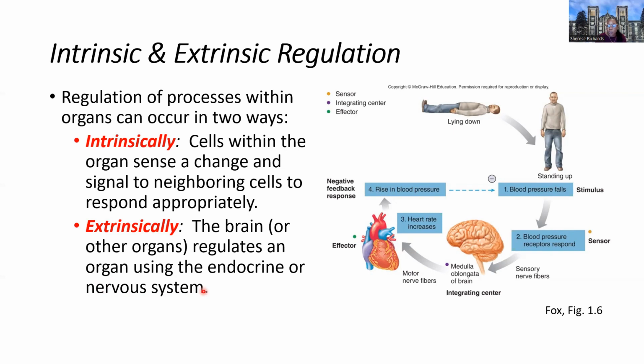Neurons through the parasympathetic system, or even through the sympathetic system, which is our fight or flight division of the nervous system, will innervate the heart and can also modulate the rate and rhythm. So the various organs can regulate themselves internally, which is intrinsic, or externally, which is usually the brain, the endocrine system, and the nervous system.